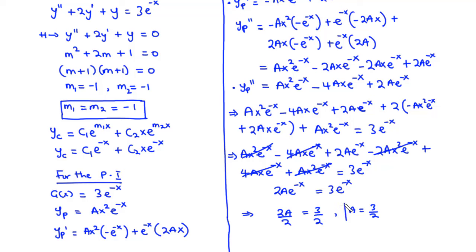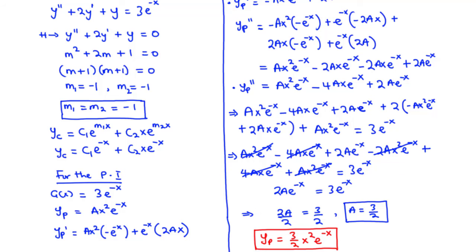Therefore, if a is equal to 3 over 2, then we have yp to be equal to 3 over 2 times x squared times e to the power negative x. This is going to be the particular integral.